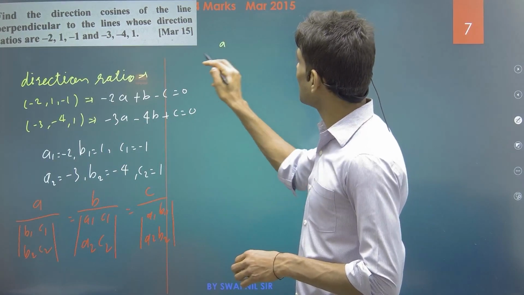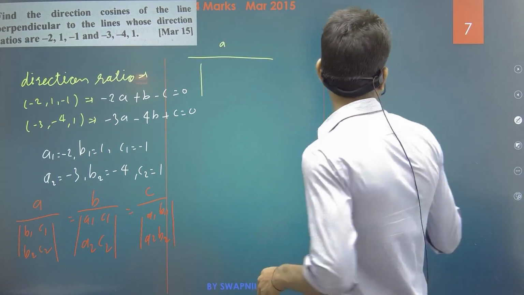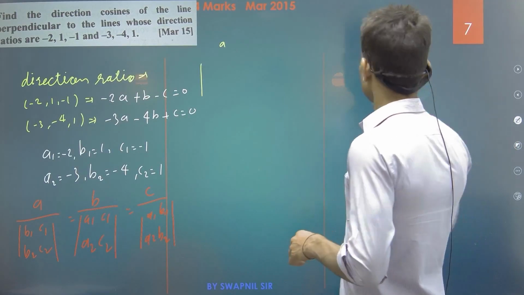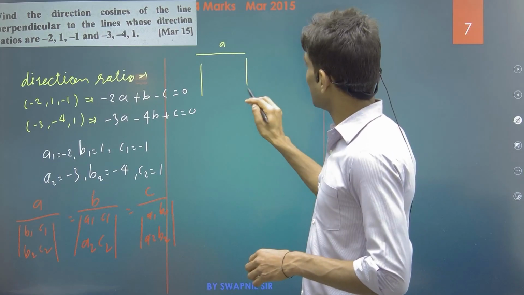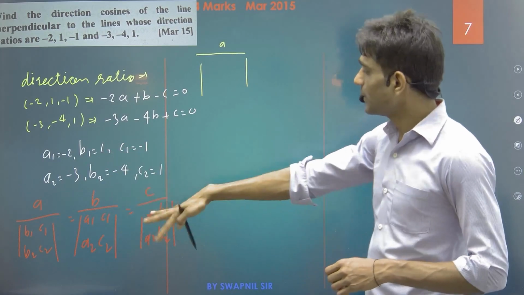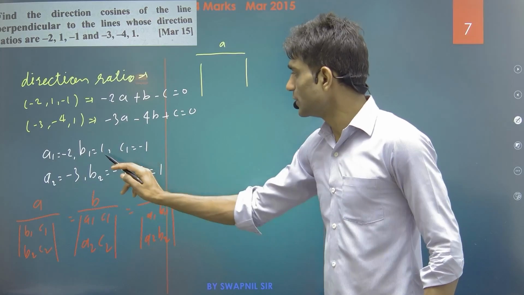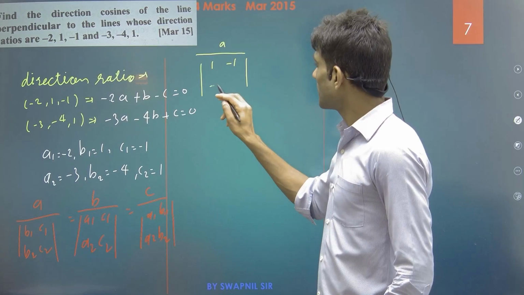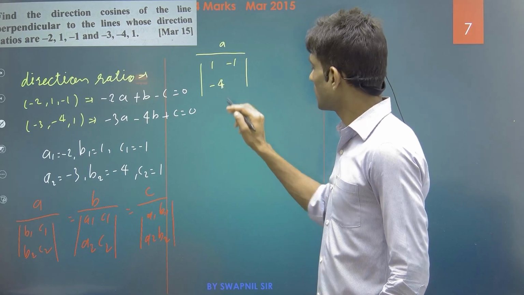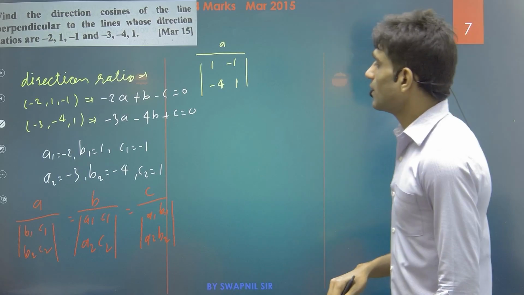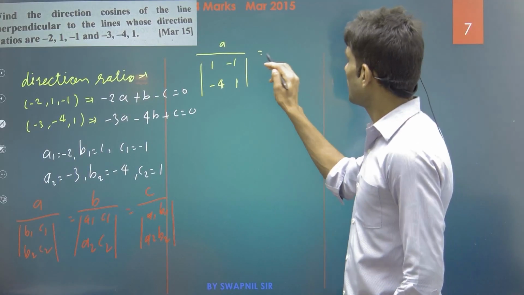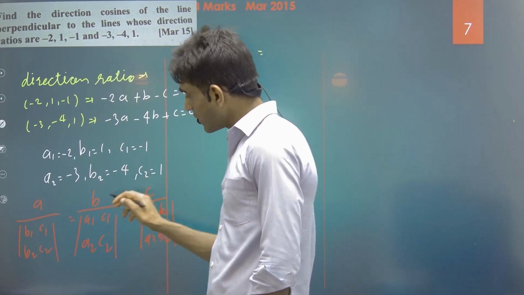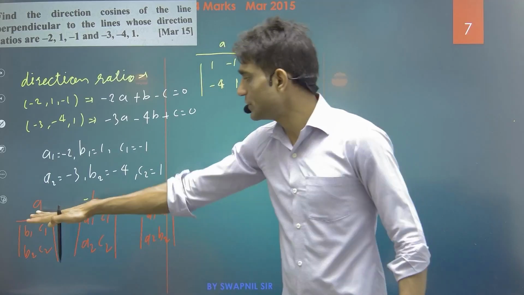So we can write A upon the determinant of B1, C1, B2, C2, which is 1, -1, -4, 1. Then B upon, we have a negative sign for our B here, because we have to take alternate signs: positive, negative, positive.